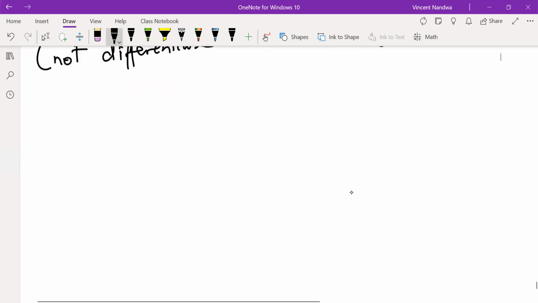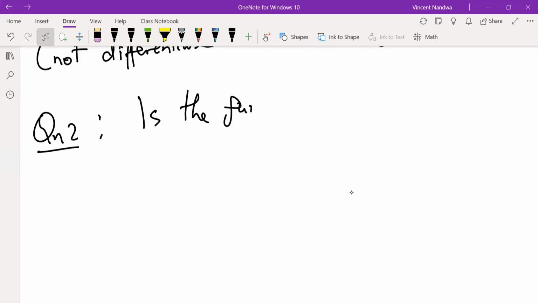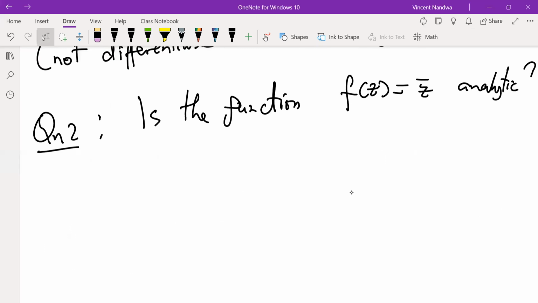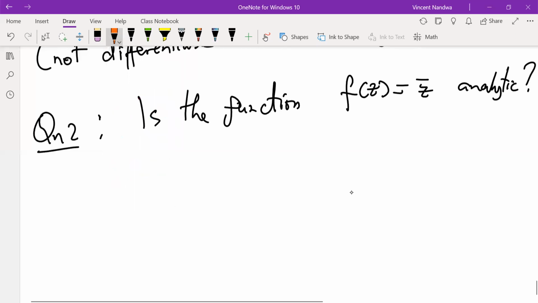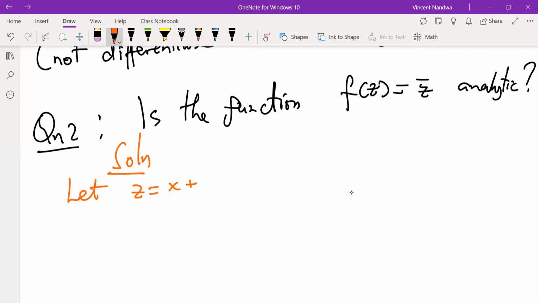Question 2. Is the function f of z equals the conjugate of z analytic? To show that this function is analytic, we have just to show that it satisfies the Cauchy-Riemann equations. So solution, let z be x plus iy.